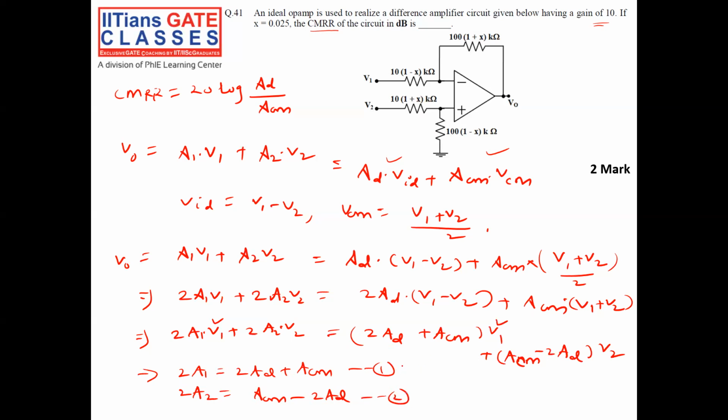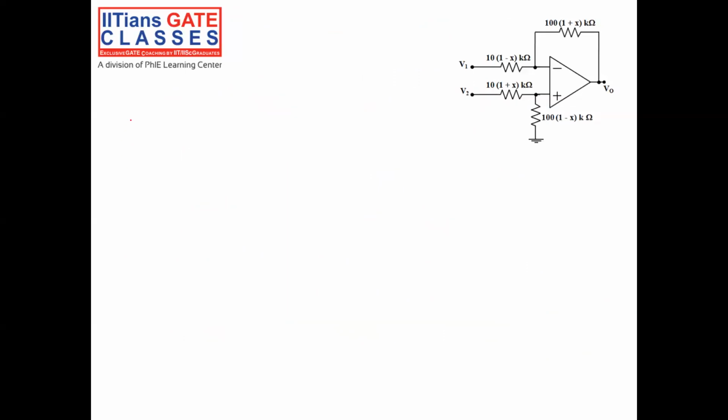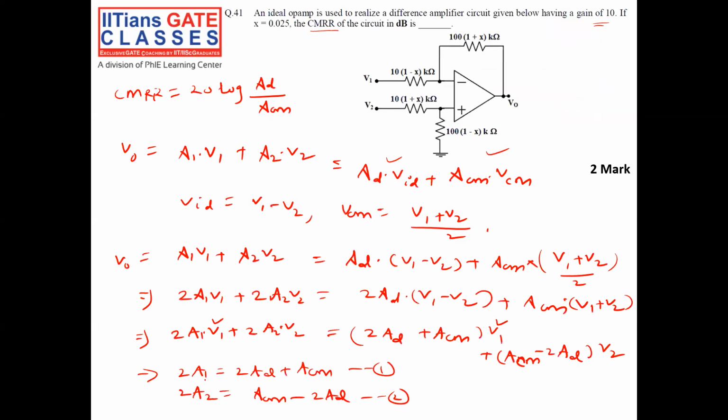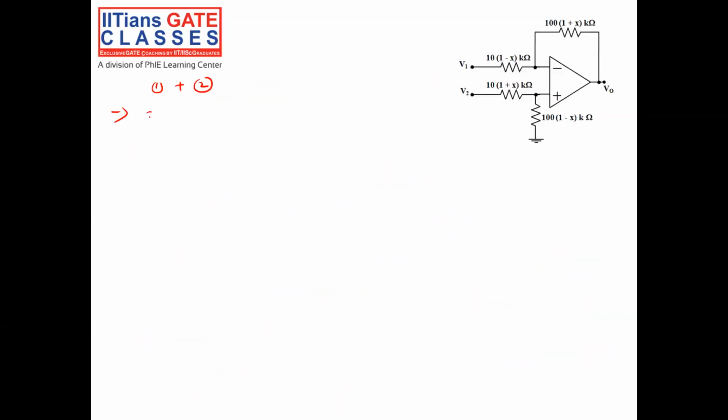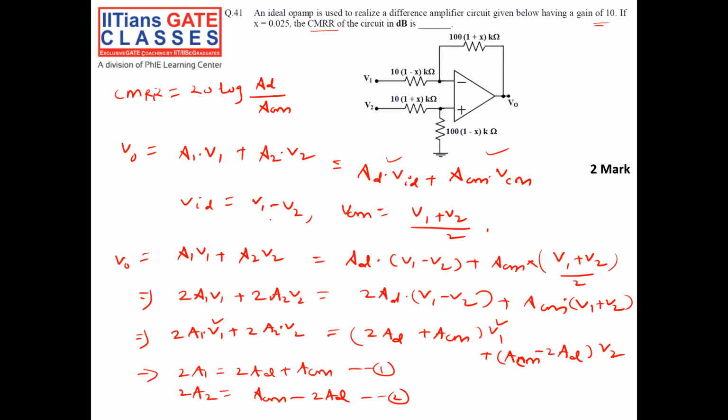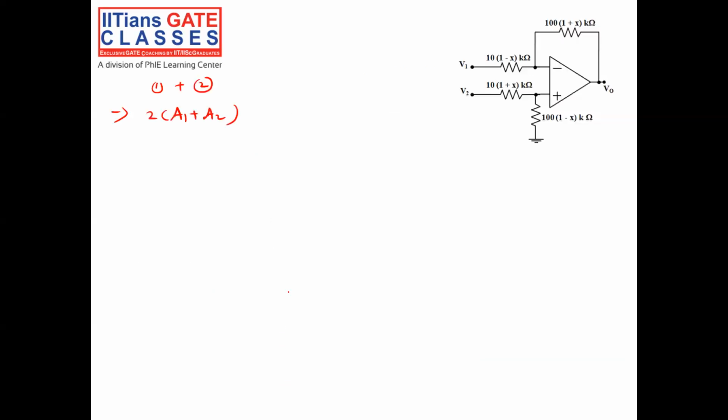So let us add equation 1 and 2. What will we have? On the left side we have 2A1 plus 2A2, so 2 into A1 plus A2, right? On the right side we have 2ACM.